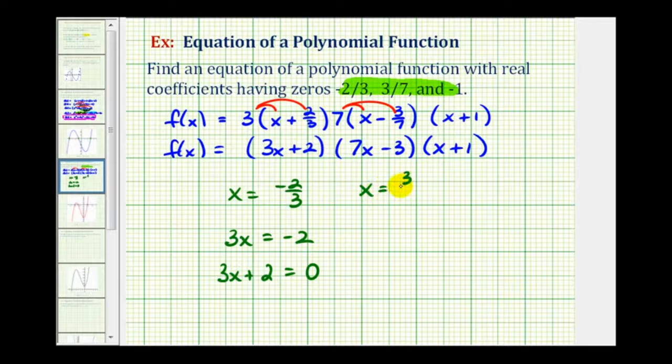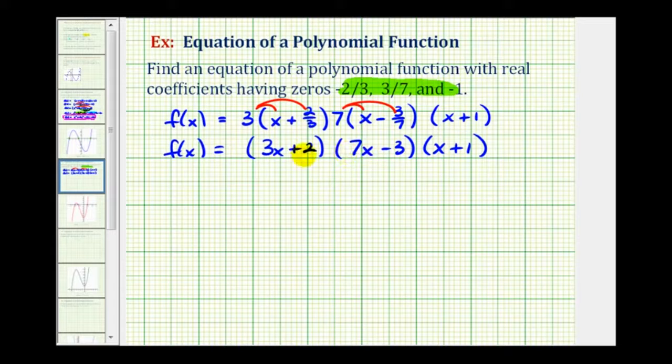Knowing this is a zero, we could multiply both sides by 7. That would give us 7x equals 3, subtract 3, and we have 7x minus 3 equals 0. So 7x minus 3 would have to be a factor. So there are several ways to come up with a factor that doesn't contain fractions when our zero is a fraction. So now we're going to multiply this out, two factors at a time, to find our polynomial function.